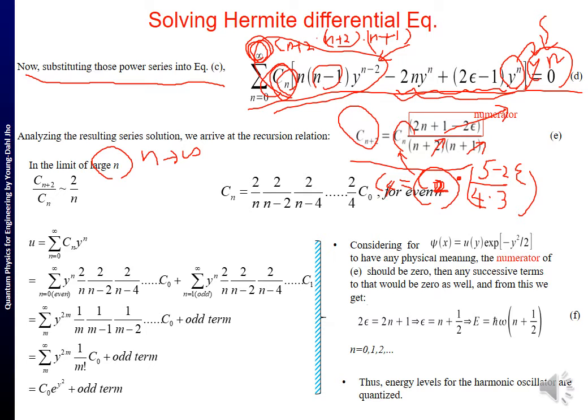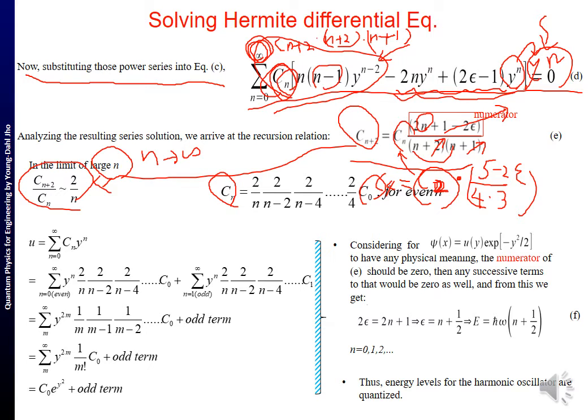Then we have this relation, because we have n and n square. That's the way we have this one. So, in terms of C0, based on this recursion relation, we can calculate Cn.